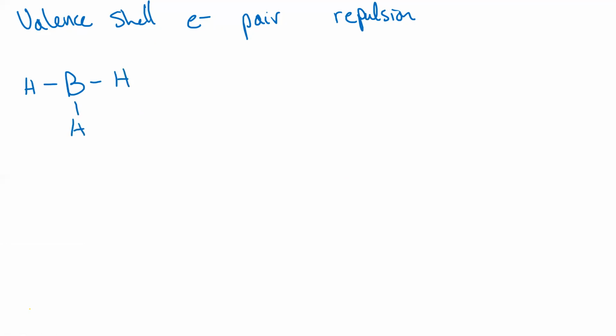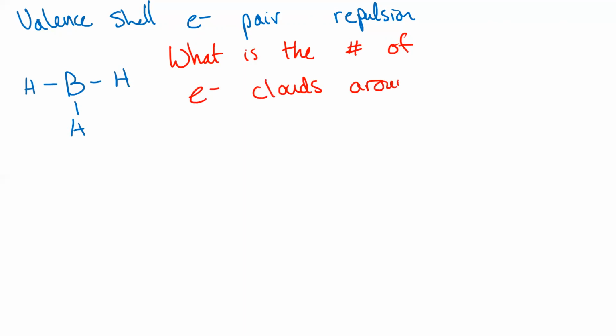Let us say, therefore, looking at this thing, what is the number of electron clouds around boron? You look at it, you go 1, 2, 3. The answer to that question, therefore, is 3 clouds.